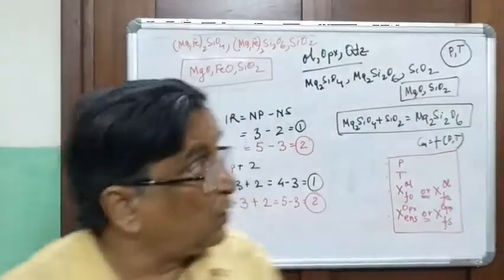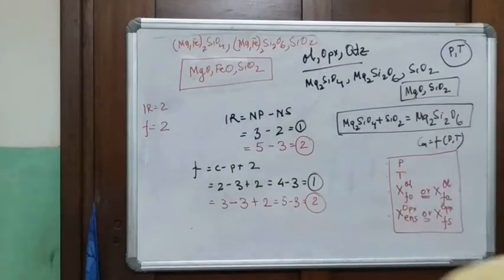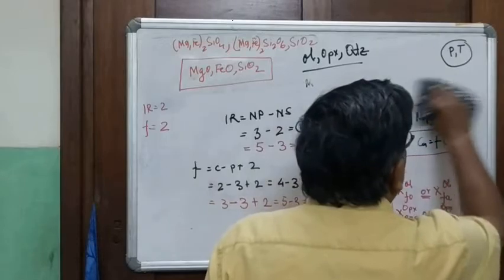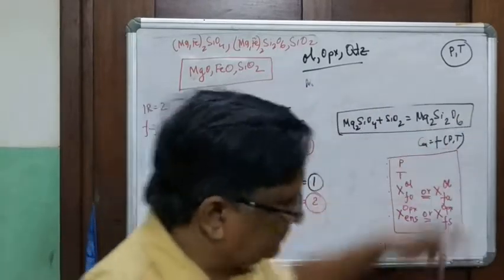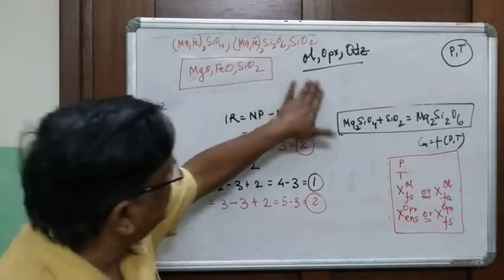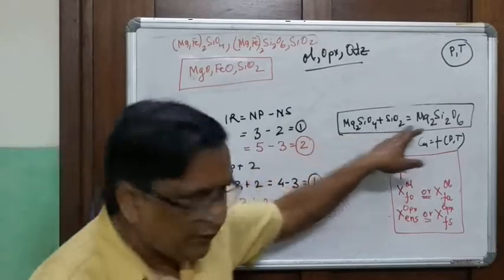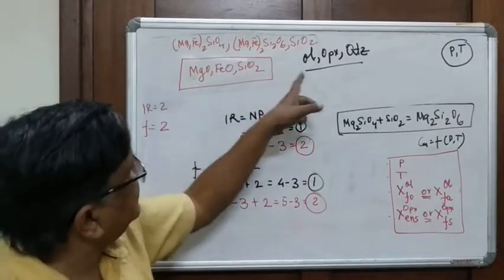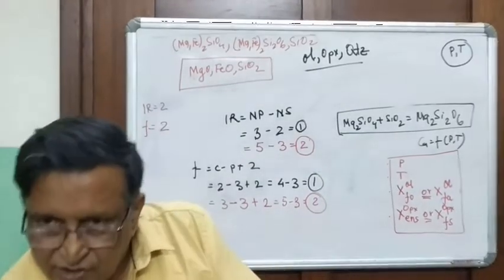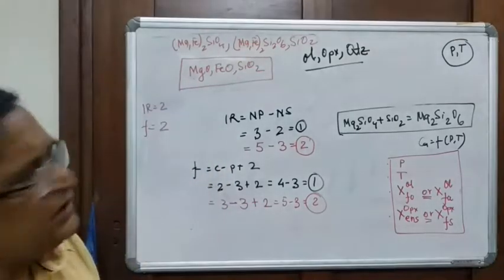Right? But what are the reactions? One is, of course, this one. Now you see there is a little small thing here. One is this one. Mg2SiO4 we have already written. You see, this is an extended system. So the other reaction is already there from MgO-SiO2. What are the others?